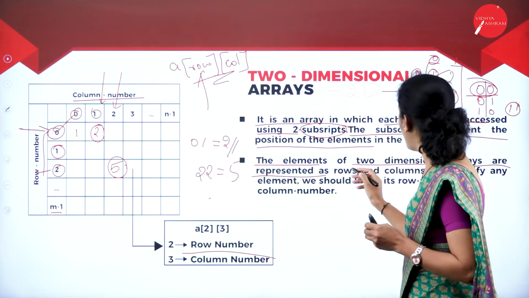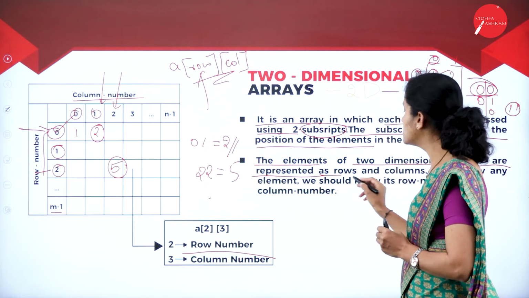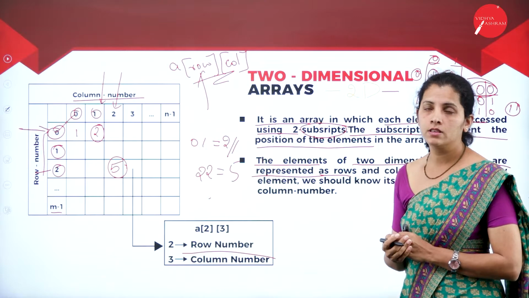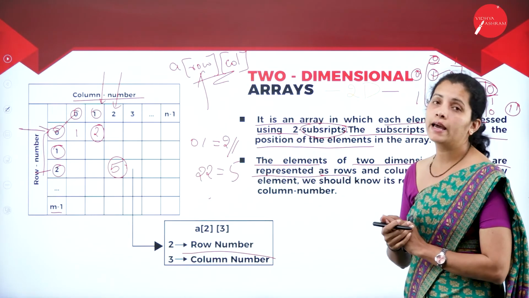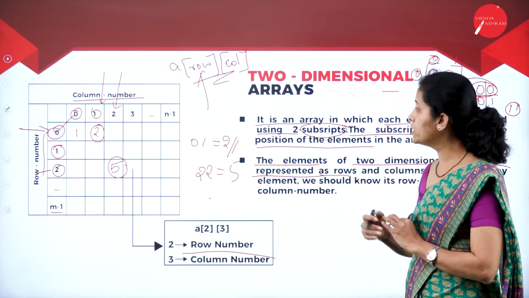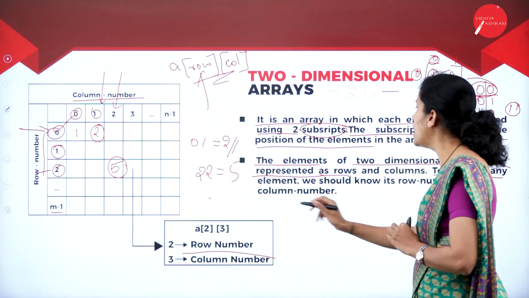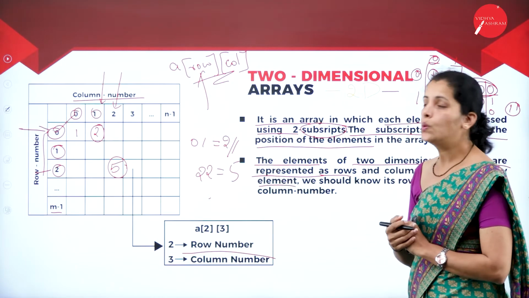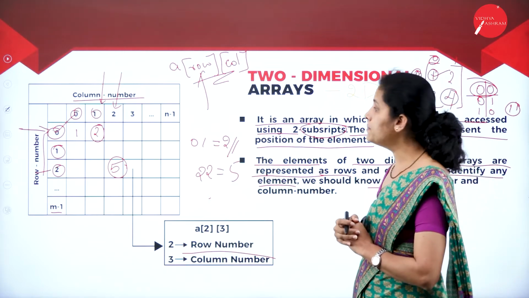The elements of 2-dimensional arrays are represented as rows and columns. So here the elements of 2-dimensional arrays are represented by using rows and columns. To identify any element, we should know its row number as well as column number.